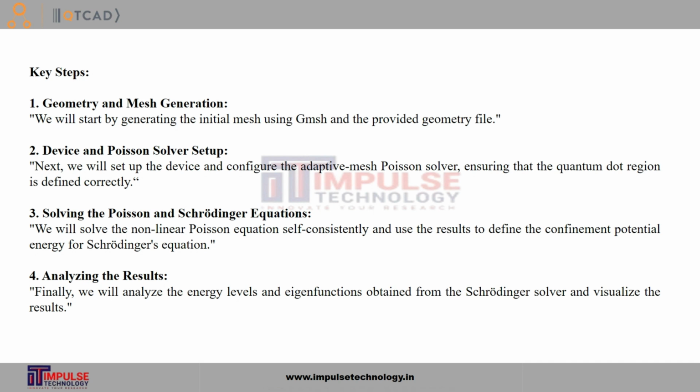After that, we solve the Poisson and Schrödinger equations. We will solve the nonlinear Poisson equation self-consistently and use the result to define the confinement potential energy for the Schrödinger equation. After that, we analyze the results. We will analyze the energy levels and eigenfunctions obtained from the Schrödinger solver and visualize the results.